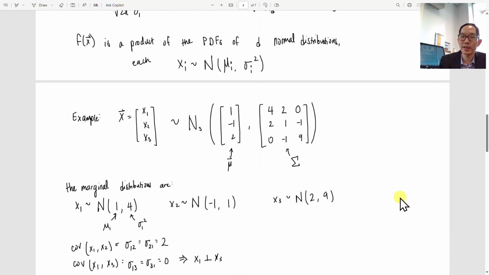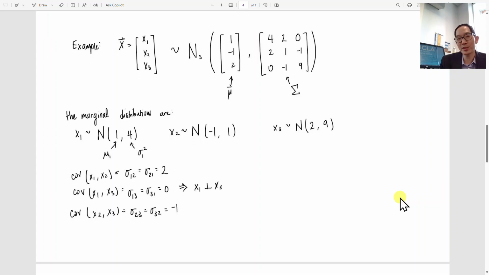But in a lot of cases, we don't have independent predictors. So here I've got a 3-dimensional normal distribution, with a mean vector here, and this is our variance matrix. Down the diagonal is my variance.